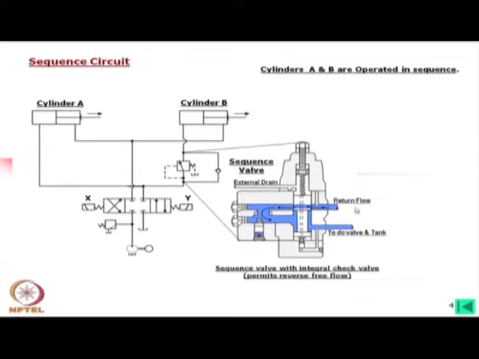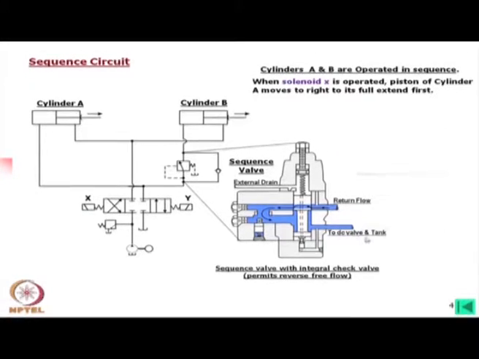Now, in this case, first of all let me explain the valve. Say, first of all, at what time the flow will start. Initially there is no flow because this is a closed center. Okay.